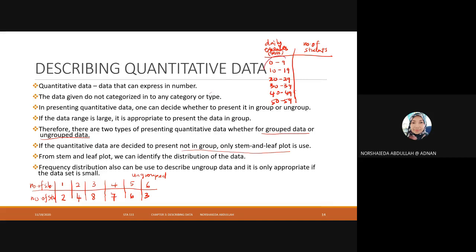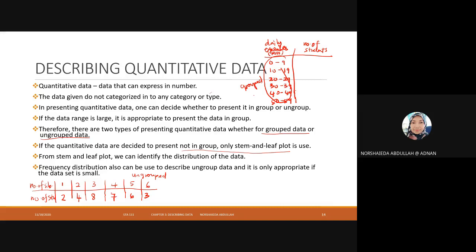This is what we call grouped data. We have here 6 groups. The first group is the students that spend from 0 to 9 ringgit. The second group is the students that spend 10 to 19 ringgit and so on. This one you already learned previously. So this is the difference between the ungrouped and grouped data.